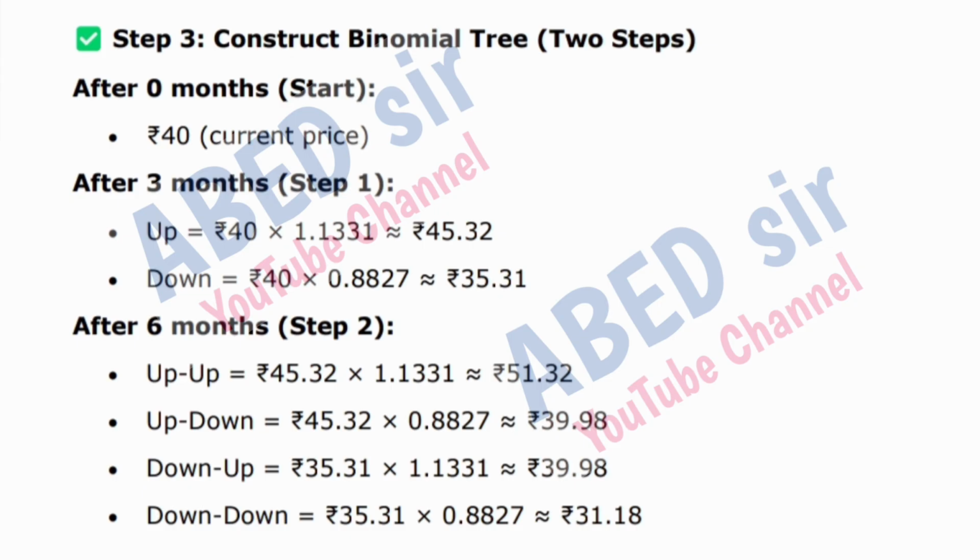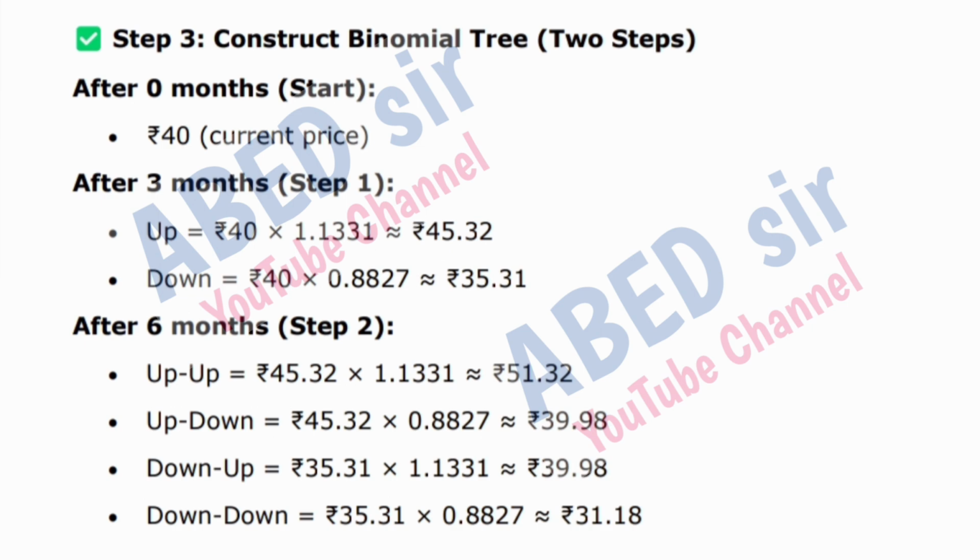After 0 months, start: 40 rupees, current price. After 3 months, step 1. Up is equal to 40 rupees times 1.1331, which is 45 rupees and 32 paise. Down is equal to 40 rupees times 0.8827, which is 35 rupees and 31 paise.